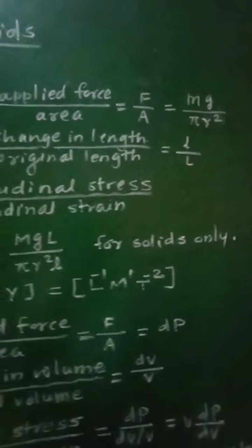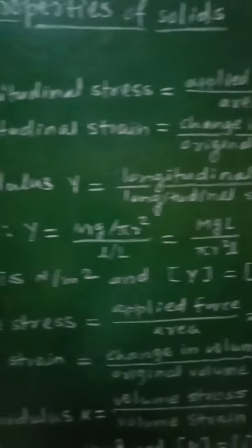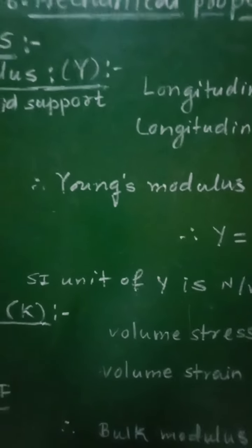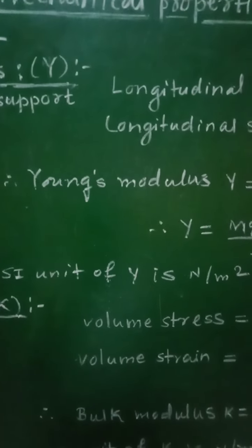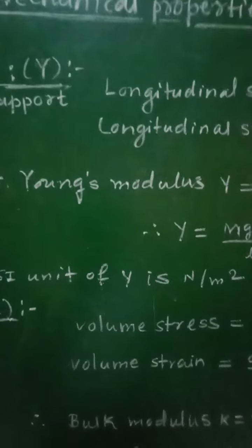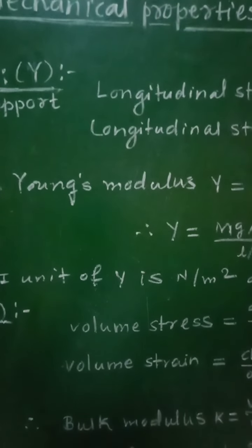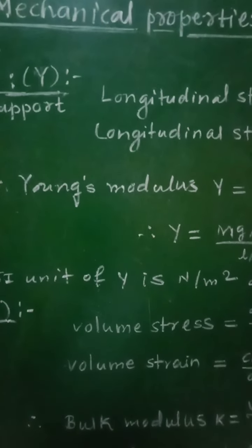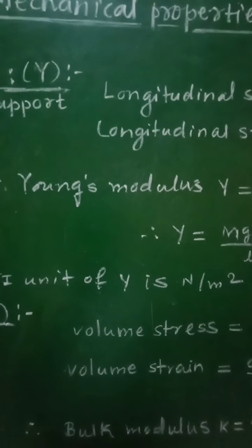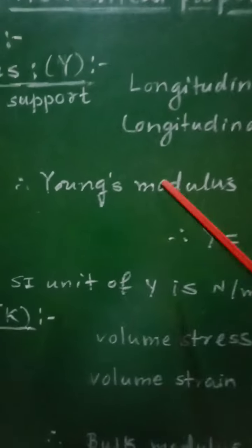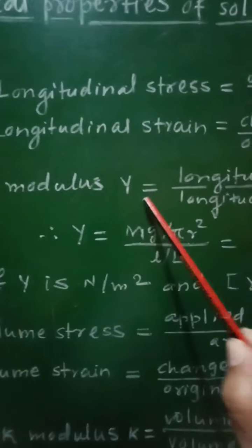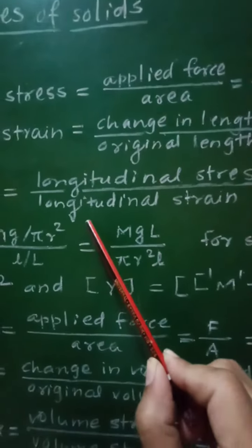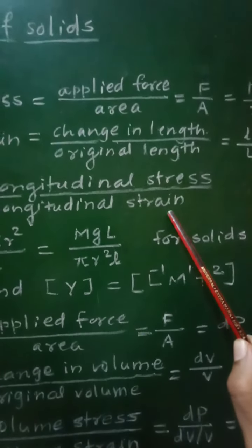Young's modulus of material of wire is defined as the ratio of longitudinal stress to the longitudinal strain, and therefore Young's modulus Y will be equal to longitudinal stress divided by longitudinal strain.